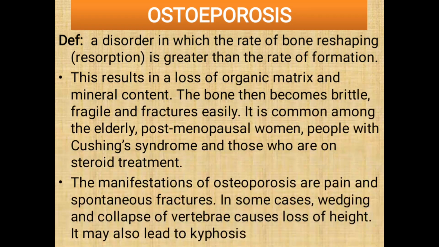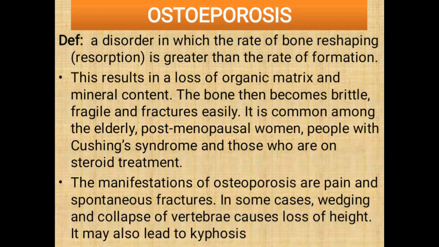So we come to osteoporosis. What is osteoporosis? It's a disorder in which the rate of bone reshaping or bone resorption is greater than the rate of bone formation. So it results in loss of the organic matrix and mineral content.